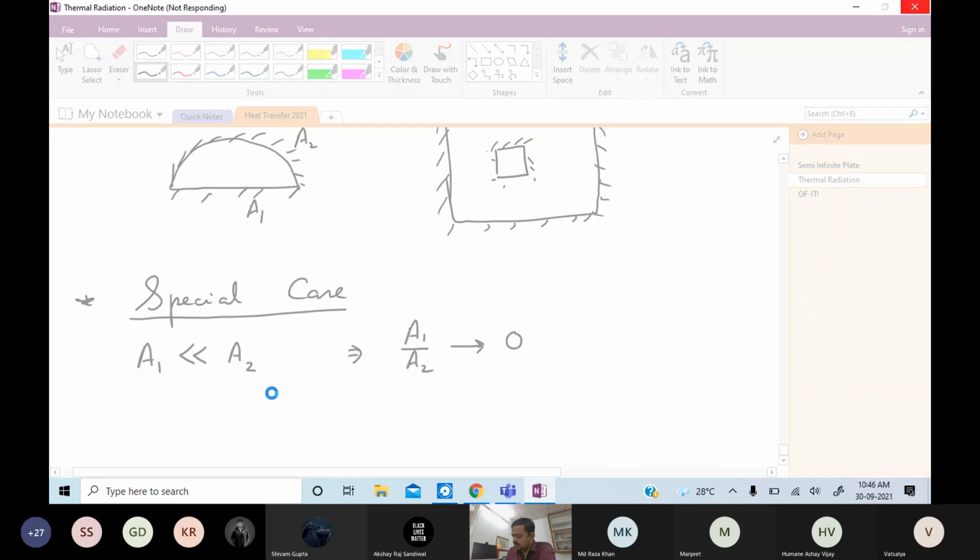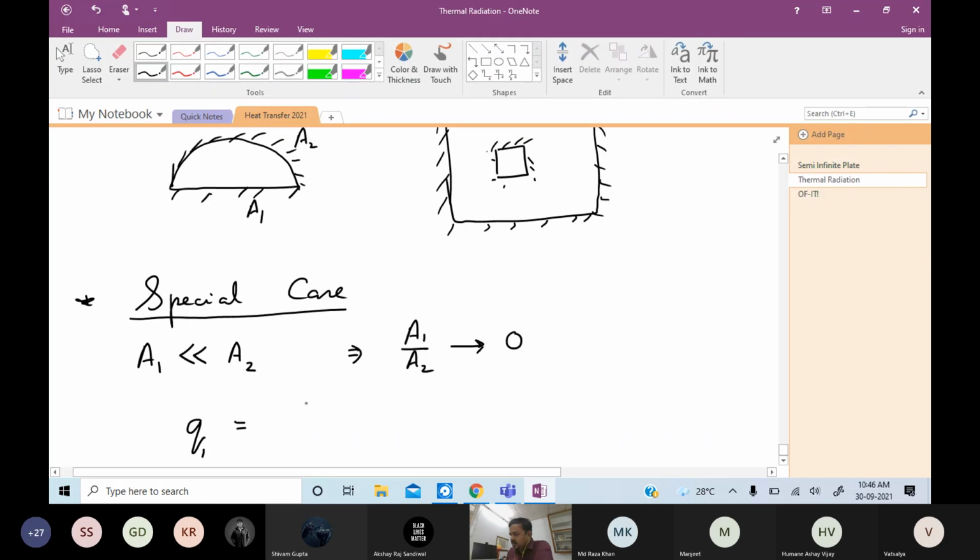This Q1, just put it down there and see what you get.